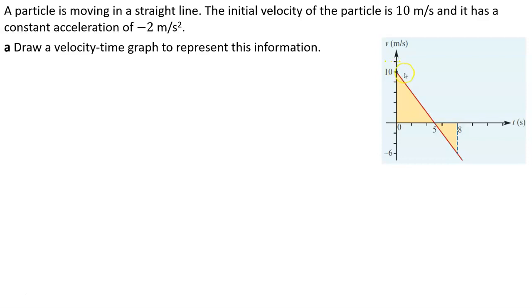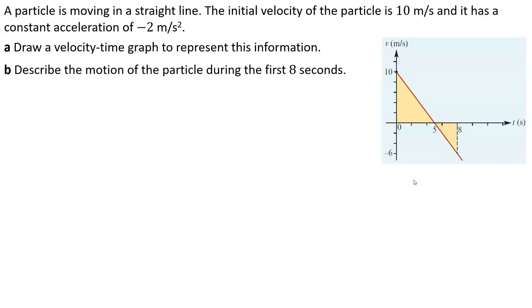For every second, my velocity decreases by 2 meters per second. So when I get to 5 seconds, my velocity will be 0, and then I will continue into the negative velocity area under the t-axis here.